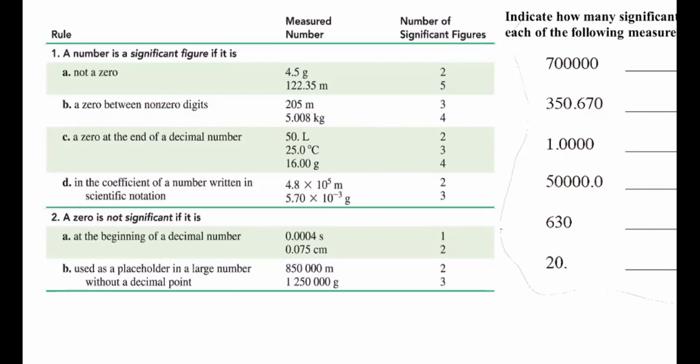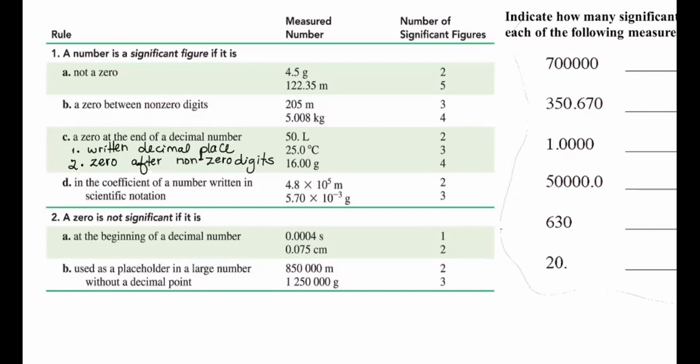But when it comes to rule 1C, understand that it needs to meet two parameters: you need to have a written decimal place, and you need to have the zeros after non-zero digits. So your measurement needs to meet those two statements in order for all the digits to count.